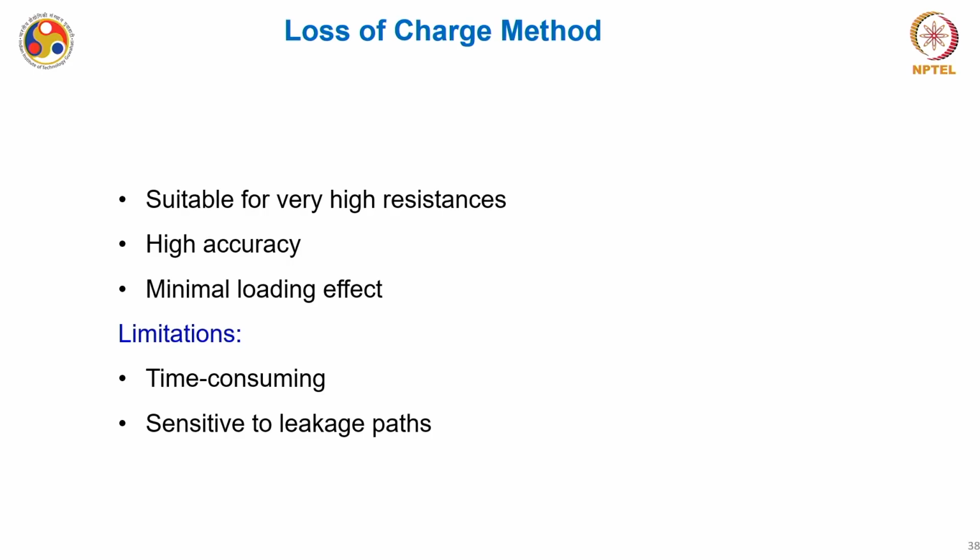They have good accuracy, and they also have a minimal loading effect, but the limitation is still the time consumption that it takes. And they are sensitive to leakage paths. To counter particularly the leakage paths, there are some configurations of these resistances and capacitances in the circuit that have to be taken care of, which will at least reduce the leakage path.